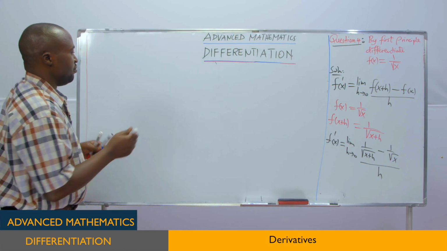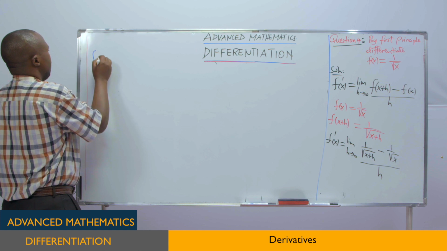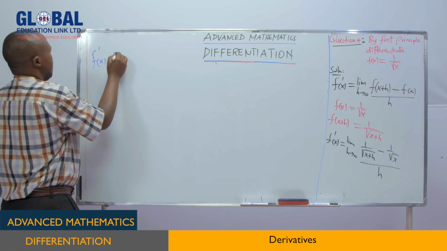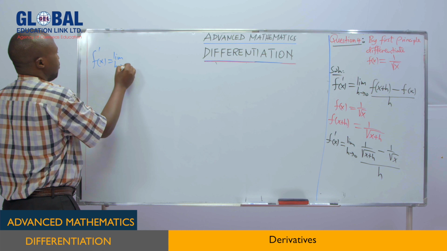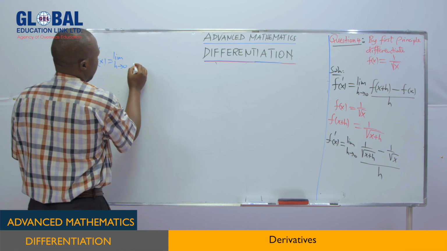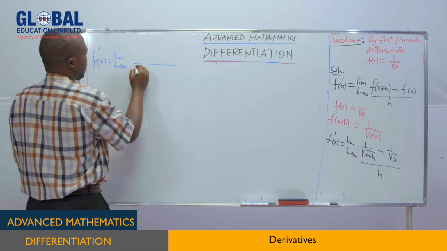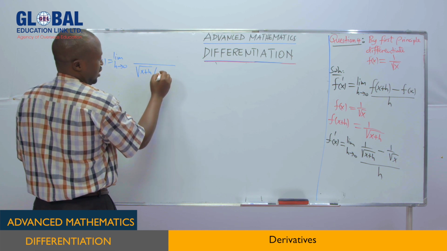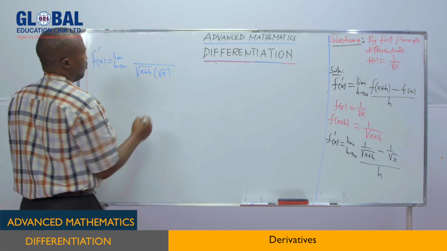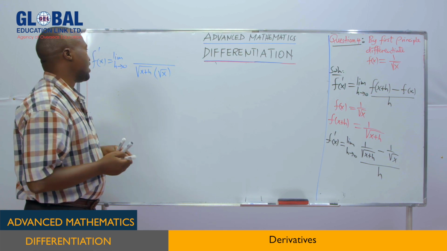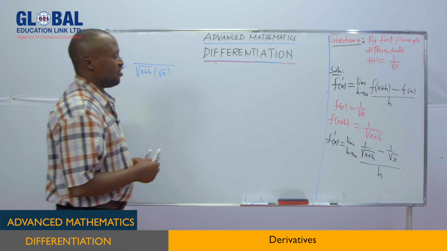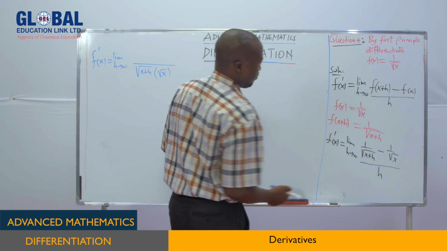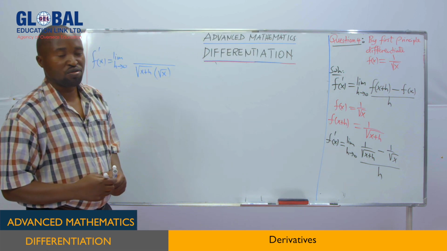So the LCM, that is f of x dash, is the limit of h approaches to 0. So the LCM will be the square root of x plus h, then times the square root of x. So in this case, our LCM divided by the square root of x plus h, we are going to have the square root of x.